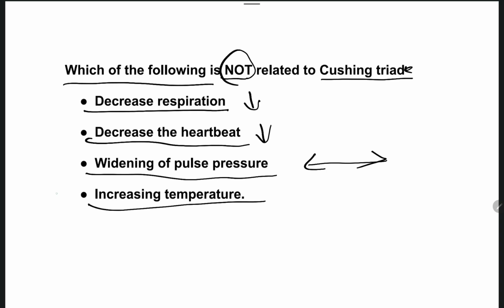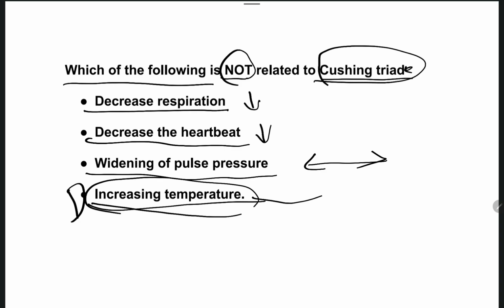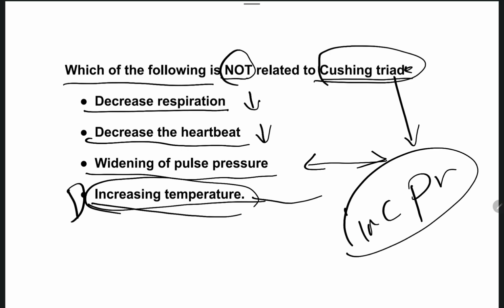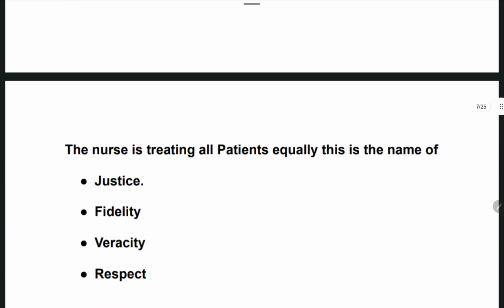The right option is option D, increase of temperature, we cannot see in the case of Cushing's triad. Cushing's triad is a condition of increased intracranial pressure, the pressure present inside the cranium. So these kinds of features we can see in Cushing's triad.